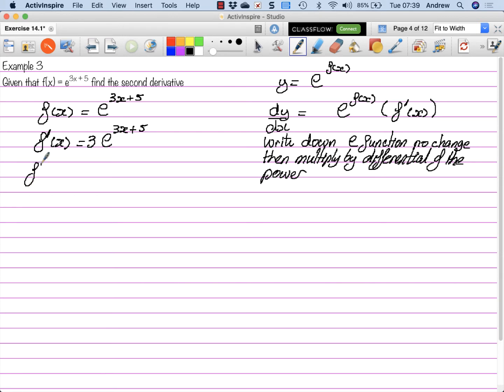I'm now differentiating for a second time, and so I write down the e function, no change, and then I multiply by the differential of the power. The differential of the power is 3, and then I just do a tidy up.